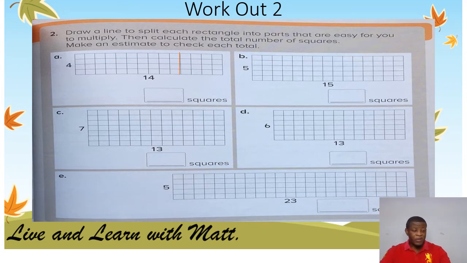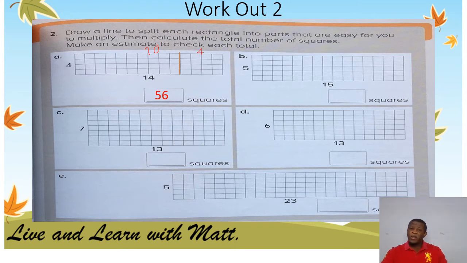So we can split it here, and we have 10 and 4. And that will give us 56.